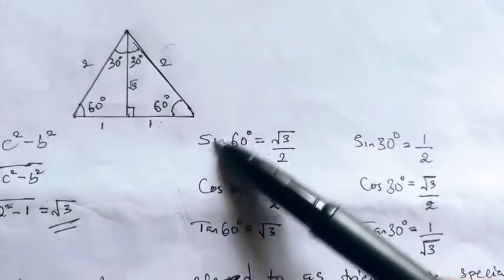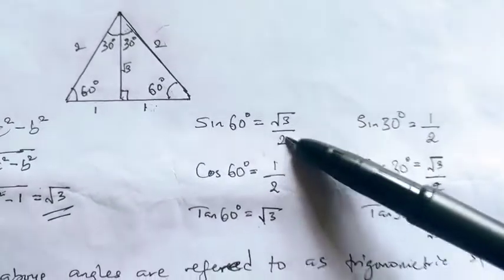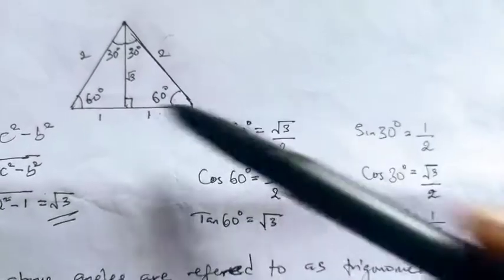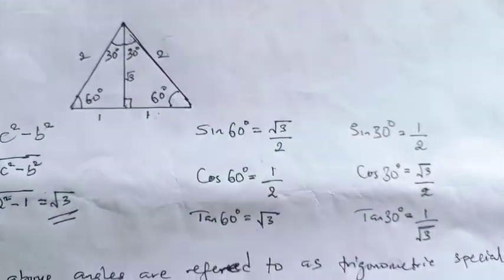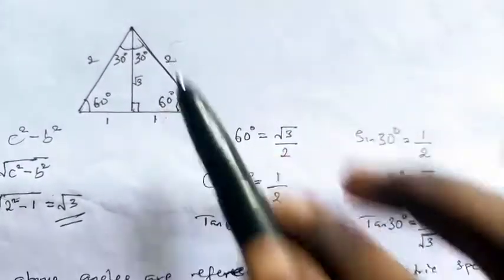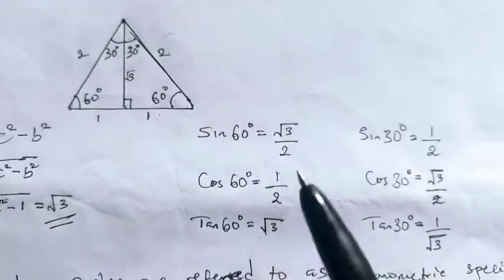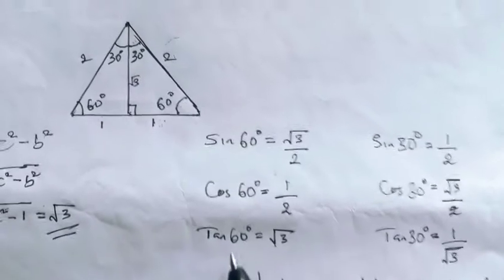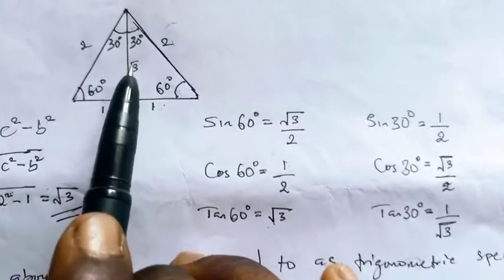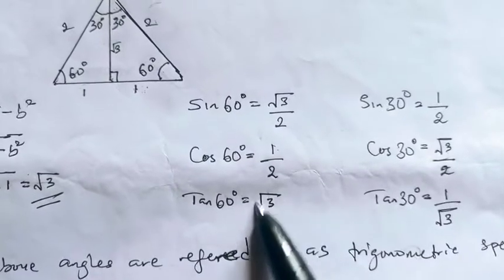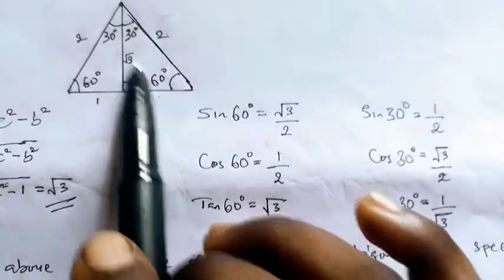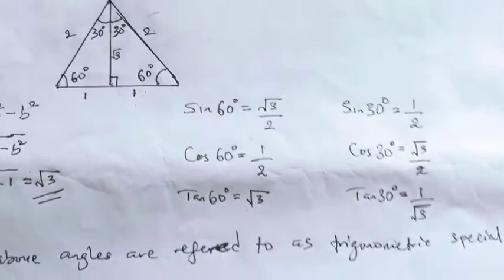While cos 60 degree is equal to the adjacent over the hypotenuse, which is just half. And the tan 60 degree is equal to the opposite over the adjacent, which is the square root of 3, because root 3 divided by 1 is still root 3.